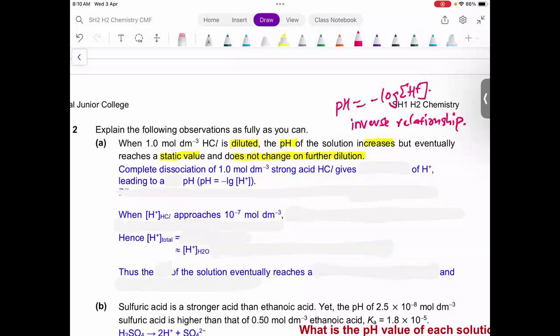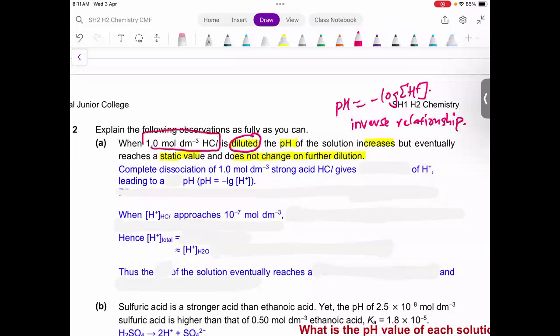So with this in mind, what does it mean when you dilute it? Does the H+ concentration increase or decrease? Originally it is already 1 mole per dm cube.